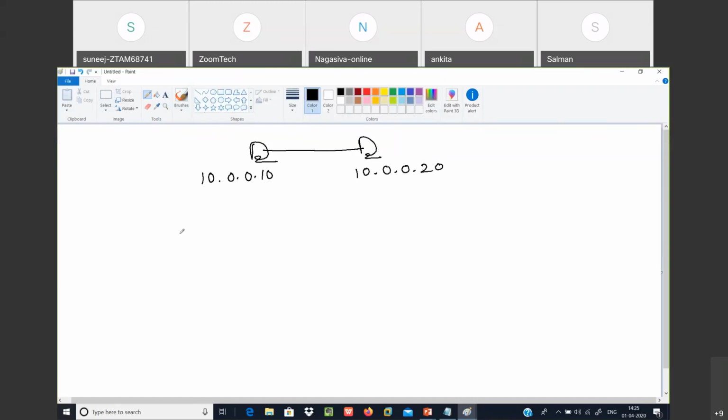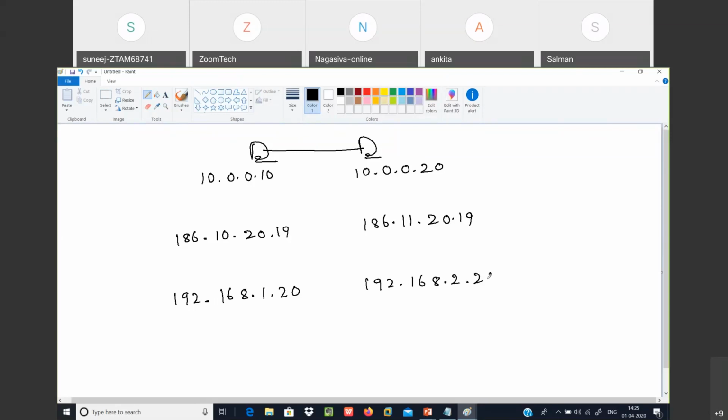For the next example, 186.10.20.19, and the neighbor computer 186.11.20.19. For the next example, 192.168.1.20 and 192.168.2.20.